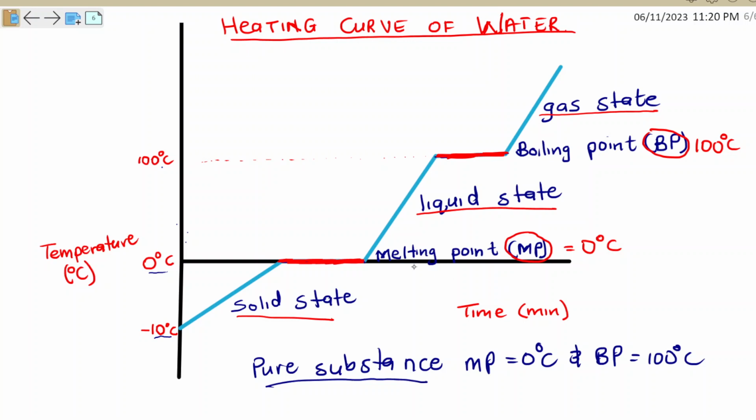So we must take note of the melting point and the boiling point. Now let's define what a melting point is and what a boiling point is. If you look at your substance at this point, it was a solid. Let's say we had an ice block.